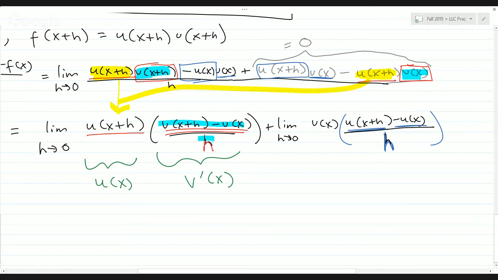And since all of that is over h, that's the definition of v prime of x. So we can sub that in, sort of. And then on the right-hand side, we have a v of x. Now in the original function, we have a v of x being multiplied to a u of x plus h and a minus u of x, which we can bring down here, okay? And then we again see the definition of a derivative.